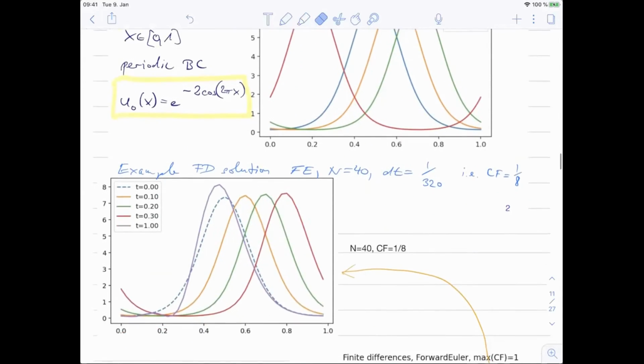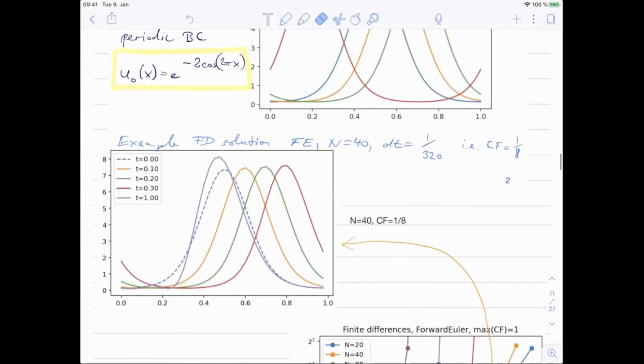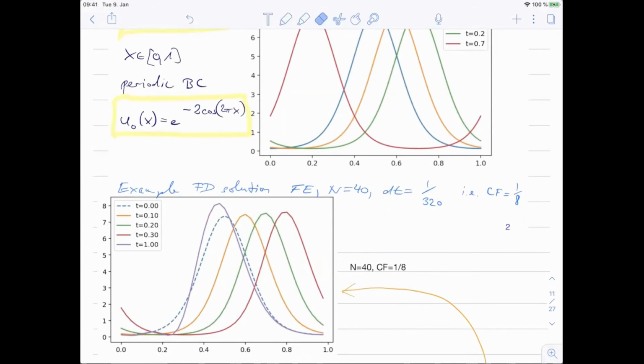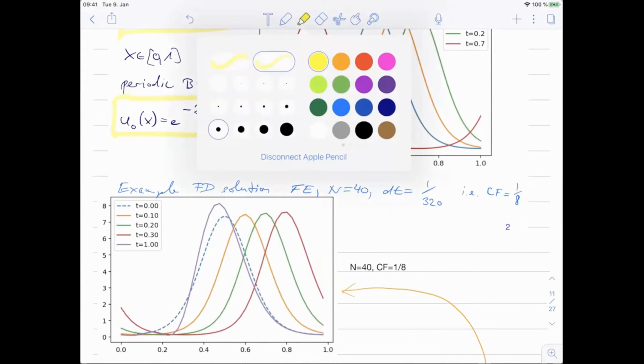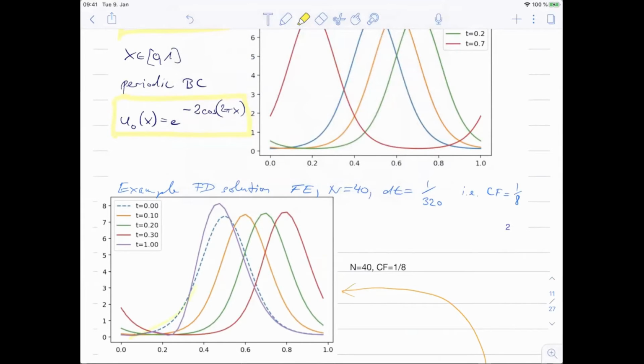If you have solved this with finite difference methods, here's one example of how this is going to look. I'm sorry for changing the color scheme here. At time 0, you have your initial data, and as the thing evolves, well, you're going right and right and right.